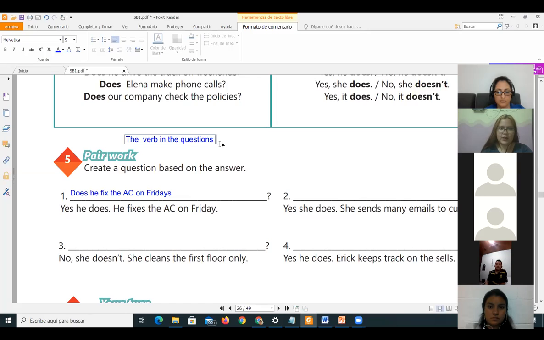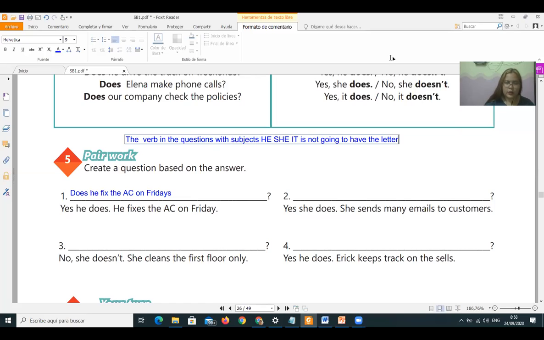Acá arribita dice: the verb in the questions with subjects he, she, or it is not going to have the letter S or IES. You don't use it in questions. You use the S in affirmative sentences.